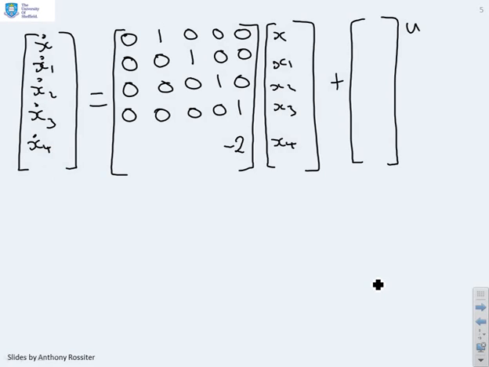We've got no x3, we've got 2x2, we've got 3x1 and 4x. So there's our equation. Now the u, we had a 1, a 0, 0, 0, 0, and 1. So there's our A and B matrices, which solve this differential equation with the right hand side of u.